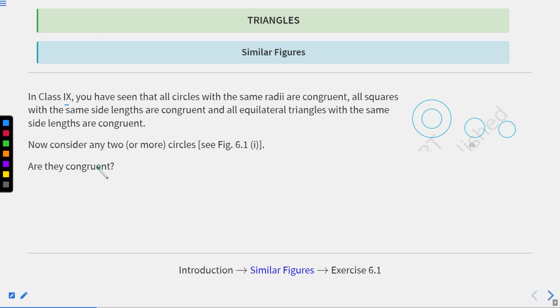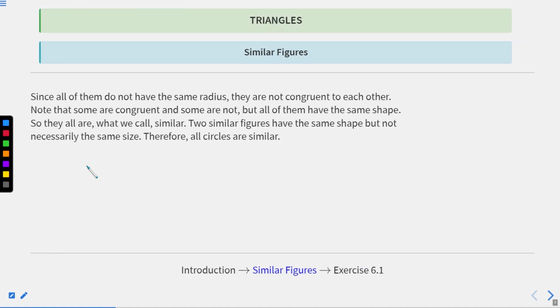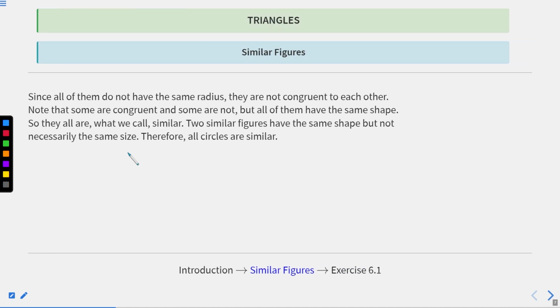What is your answer? Since all of them do not have the same radius, the sizes of the circles are not the same, and they are not congruent to each other.